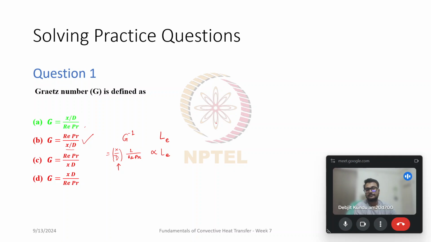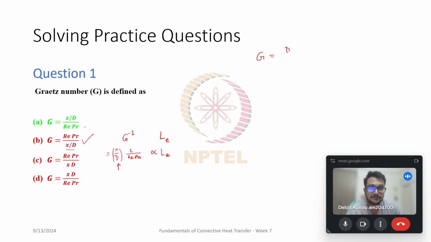Another interesting aspect of this Graetz number is that upon some further simplification, if we replace Reynolds number in terms of its components, that is velocity, length scale, and viscosity, and we do the same with Prandtl number as well, we will get something like this.